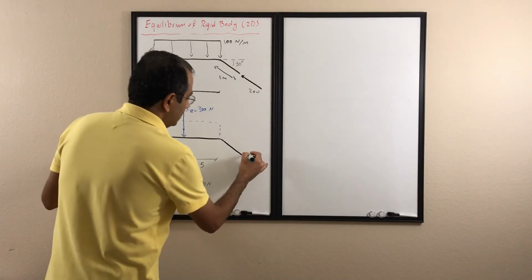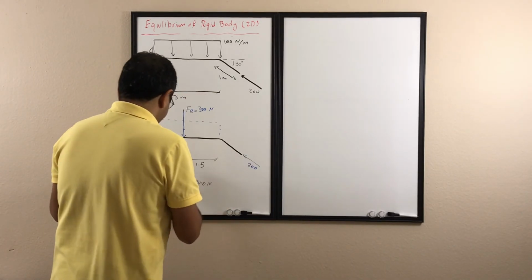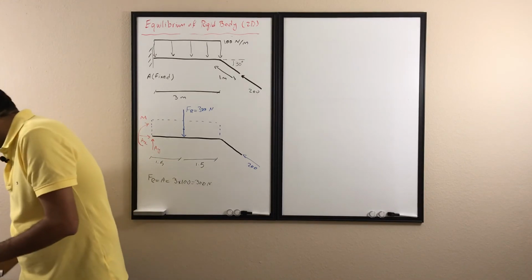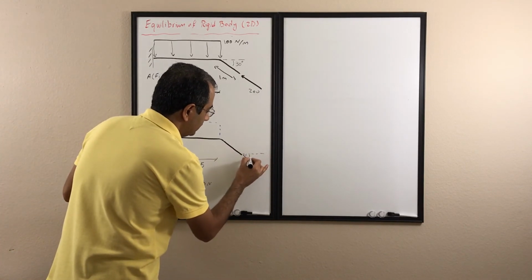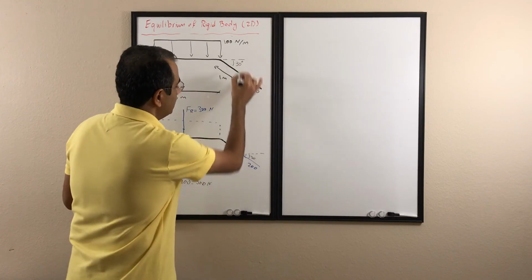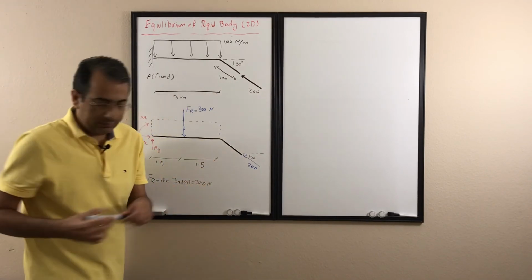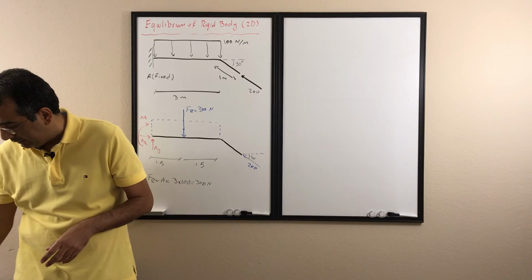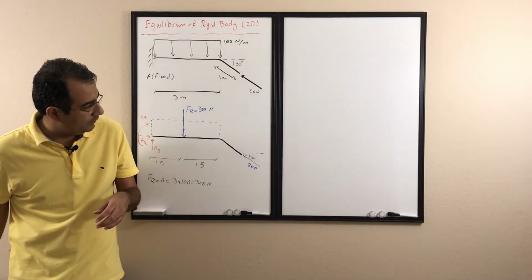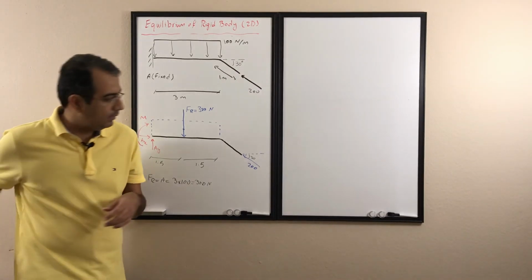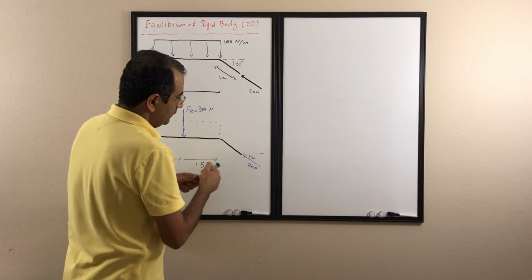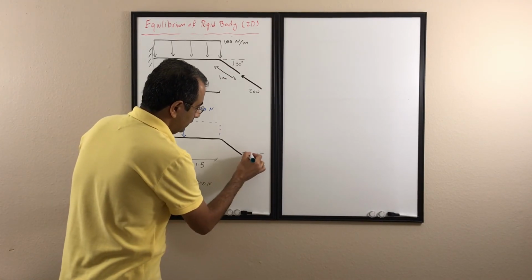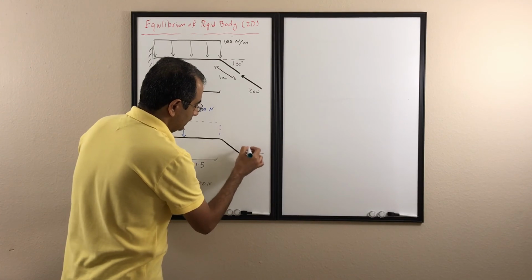So if I draw the line here, that's going to be 30 degrees here. Now, the side that is actually touching the angle is going to be cosine.